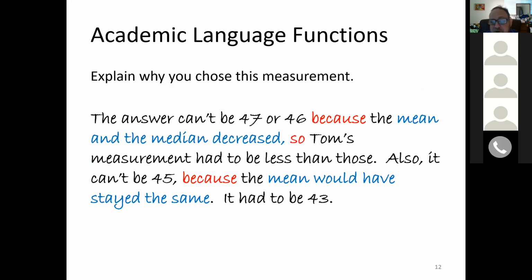In other words, what we want to see our students doing is not just understanding academic language, but they need to be able to use academic language to explain their answers, even in math. And so that's what you see here.